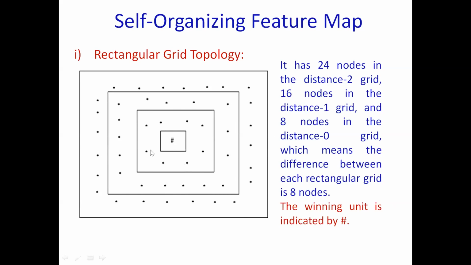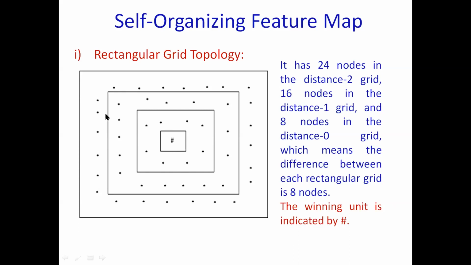So what does distance 0 grid mean? That means here the distance is the smallest, so we can say the distance is 0. Here the distance is 1, as we have one grid in between these two.